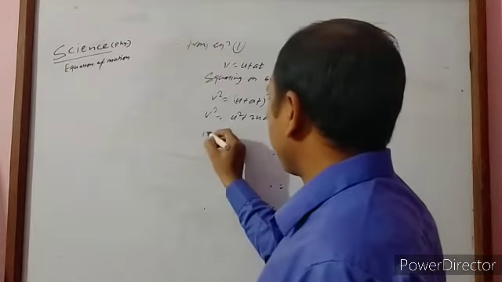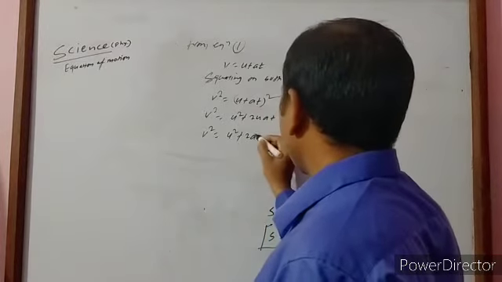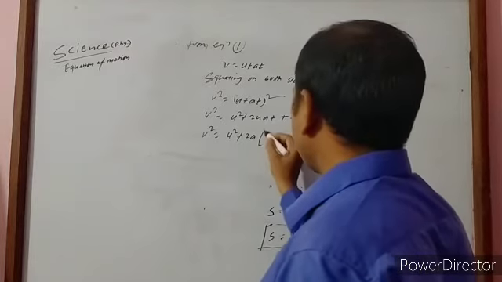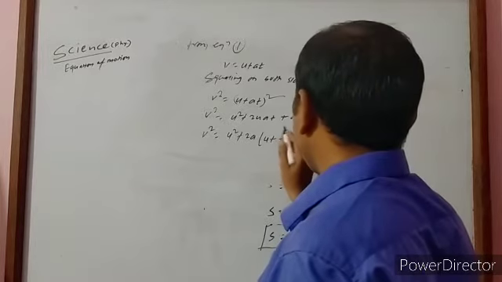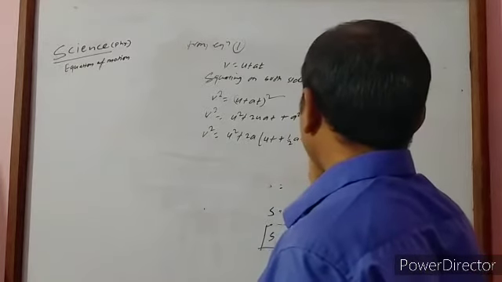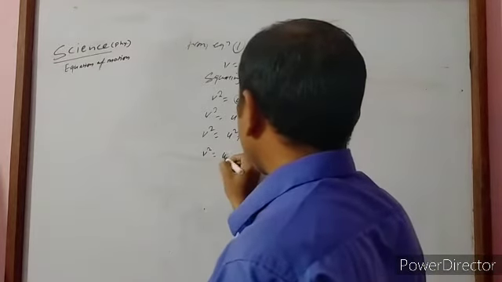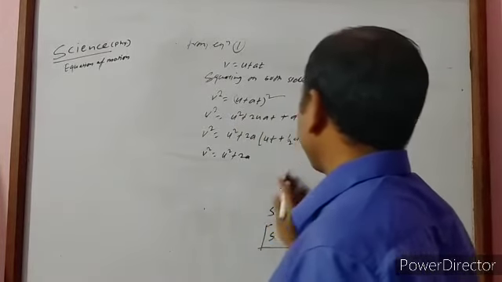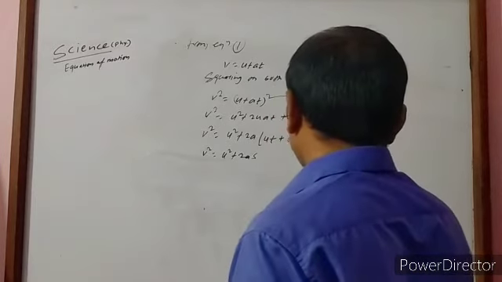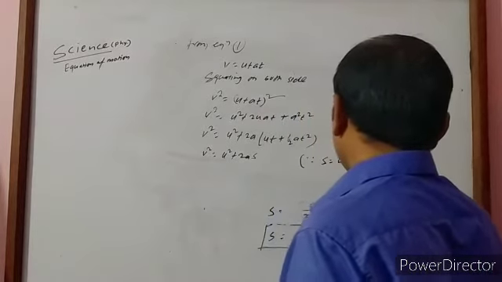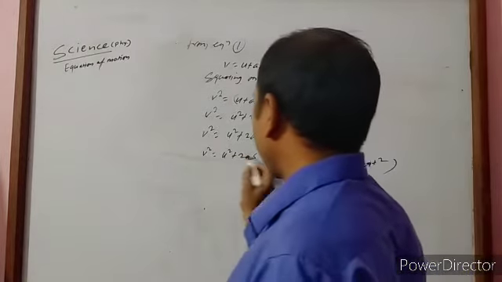Then v square is equal to u square plus 2a, taking 2a common, ut plus half at square. We already know s is equal to ut plus half at square, and so v square is equal to u square plus 2as.